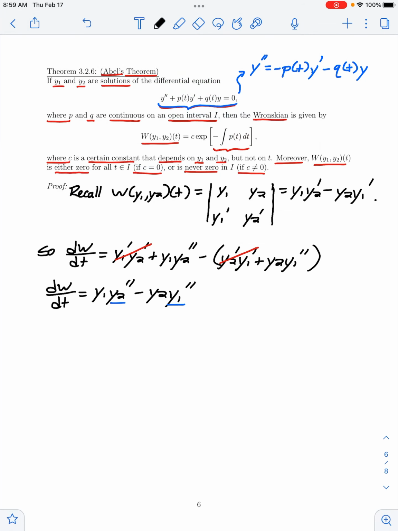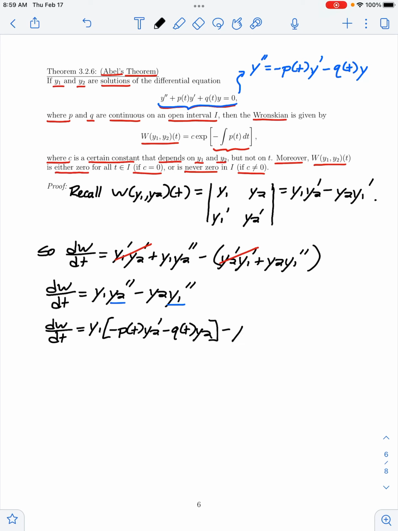So if we substitute that in, we have our derivative of the Wronskian is equal to y1 times y2 double prime, which would be negative p of t y2 prime minus q of t times y2.